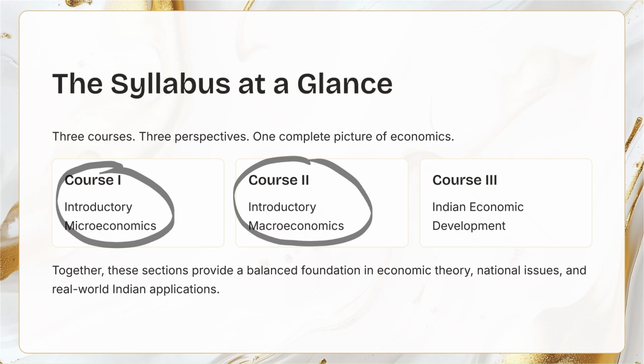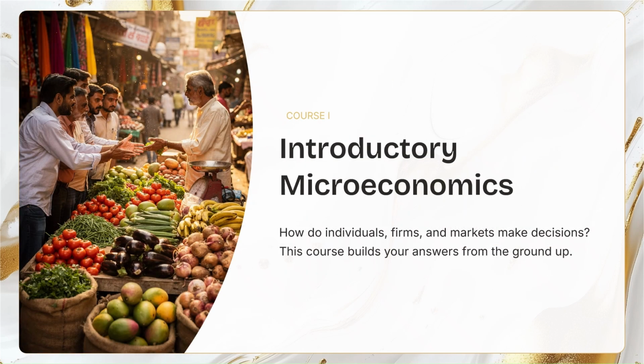Finally, Indian economic development connects economic concepts with India's development journey, policy reforms, and present day economic challenges. Together, these three courses provide a complete understanding of the economics from theoretical and practical perspectives. Let us begin with Introductory Microeconomics.